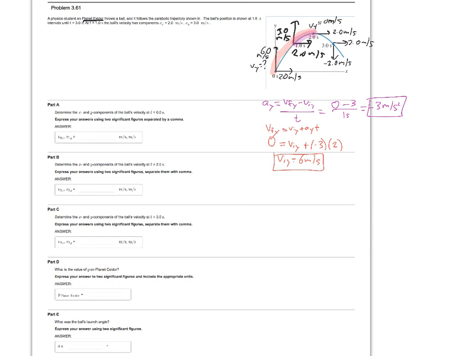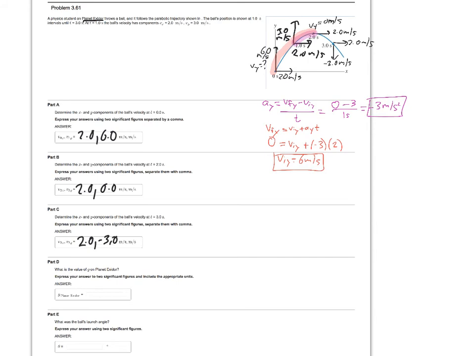Now that I have solved for all those components, I can go ahead and answer the first few parts of this question. So for part A at time 0, my components are going to be 2.0, comma 6.0. All right, at 2 seconds, which is part B, they're going to be 2.0, comma 0.0. All right, both expressed to 2 sig figs. And for part C at 3 seconds, it's going to be 2.0, comma -3.0.